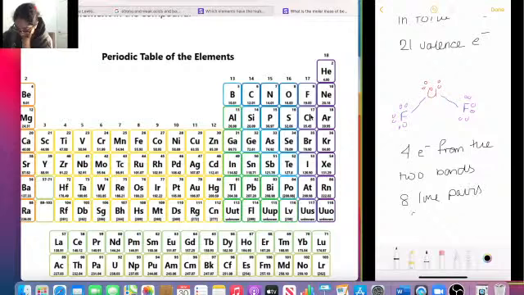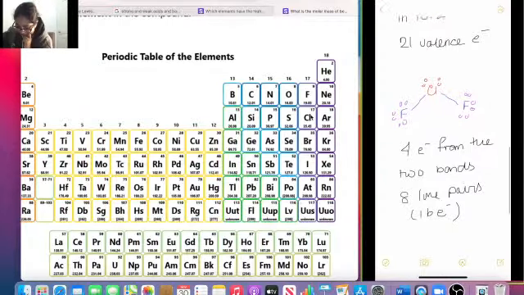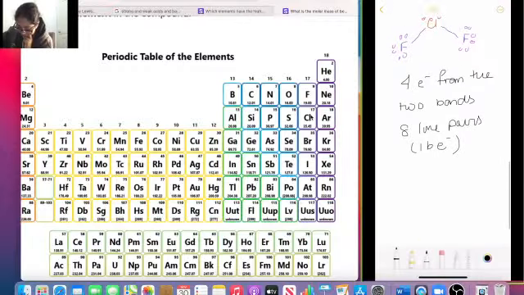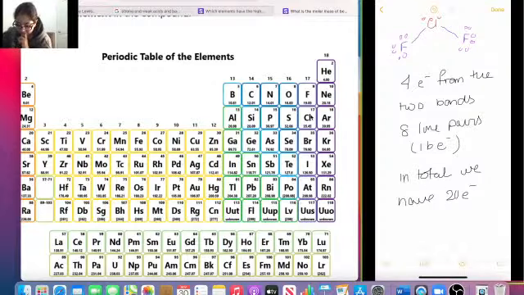That means we have 16 electrons, right? And so you can see we have 16 plus 4 electrons. So we can say in total we have 20 electrons, right? In our Lewis structure here.